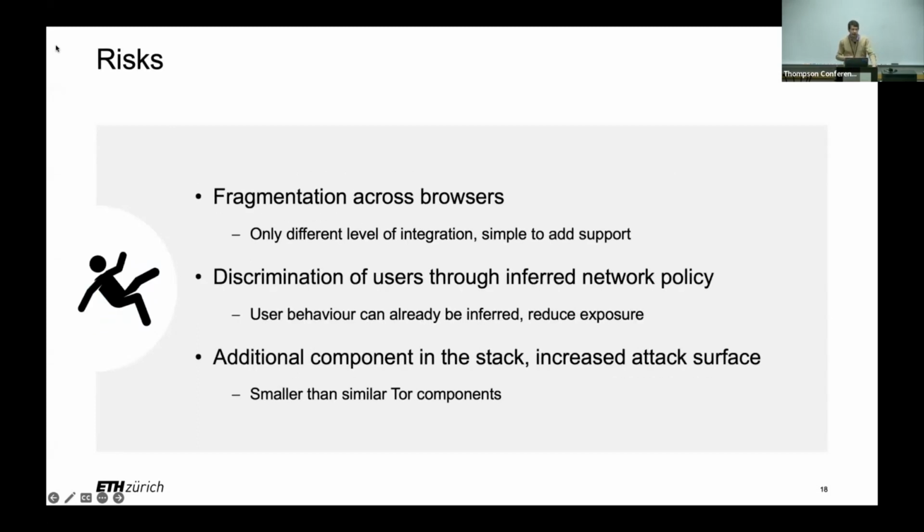Some of the risks include fragmentation across browsers implementing this technology, trying to discriminate users based on the network policies they prefer, or also simply by having additional mechanisms in the stack, so there's an additional opportunity for potential malware. But one example also is Brave includes Tor, and so SCION is a much smaller component than the Tor system.